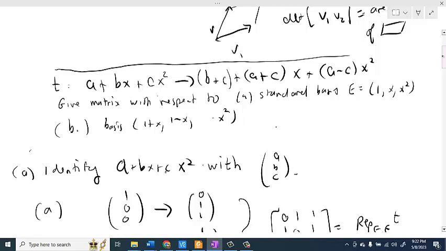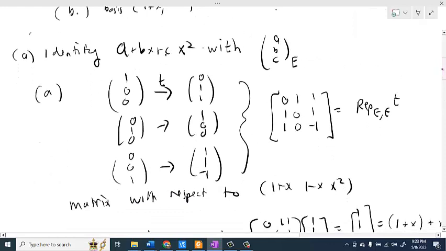I'll call the standard basis E. So the point is, find out what the transformation does to each basis vector in this representation. What does it map 1, 0, 0 to? Well, plug in 1, 0, 0 for a, b, c, and you'll get that 1, 0, 0 maps to 0, 1, 1. Just follow the a's.